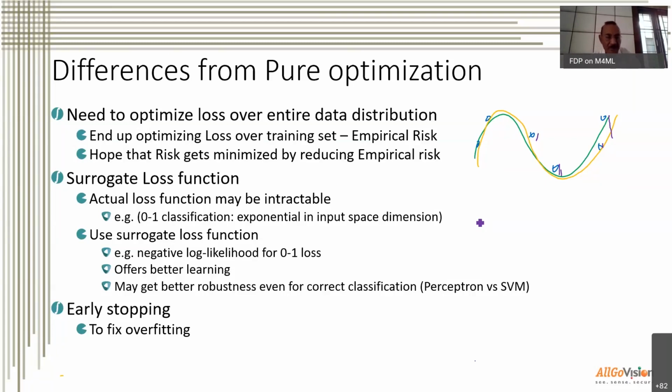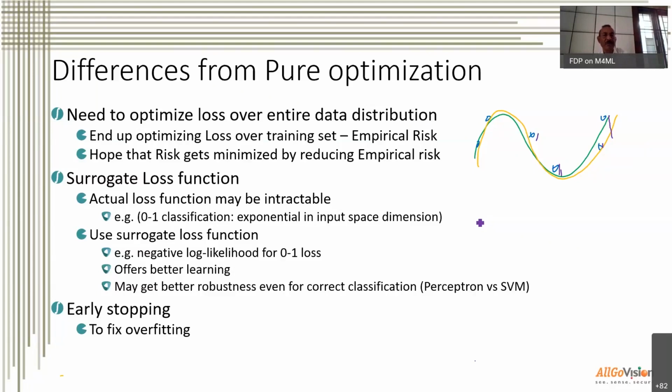Okay. Sometimes in the learning parlance we have surrogate loss functions. That means we actually don't use the actual loss function, because let's say we have a 0-1 classification problem. Then if I have n points, the loss function may be actually exponential in input space dimension.